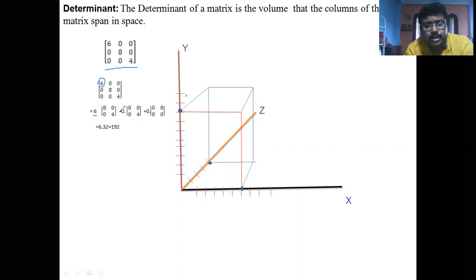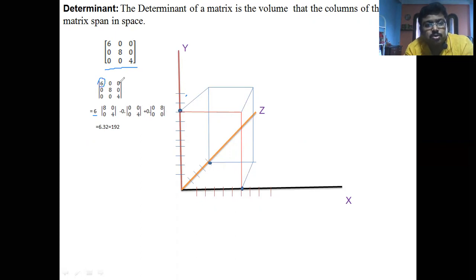Now there is a negative sign, and 0. And now we multiply by 0. We cancel out this column and this row. So what remains? 0004. We find out this determinant.